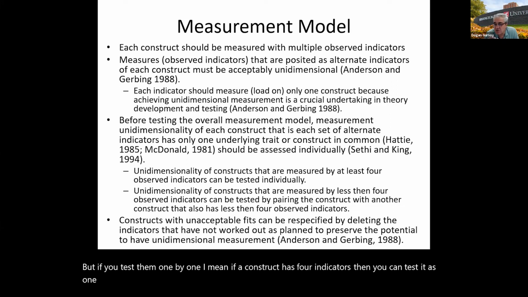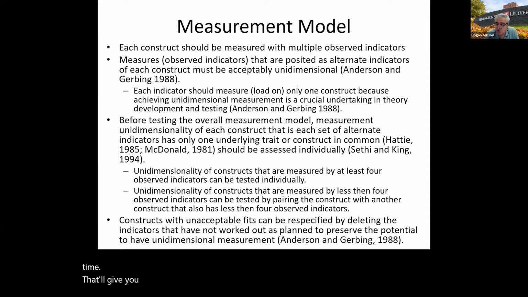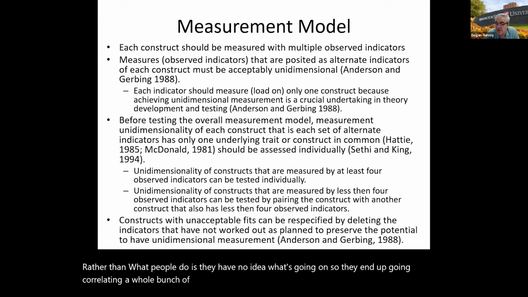If the construct has 3 indicators, then you test 2 constructs at the same time. It will give you the chi-squares and goodness of fit indices. It makes life easier. Otherwise, people have no idea what's going on, so they end up correlating a whole bunch of stuff that are not supposed to be correlated.